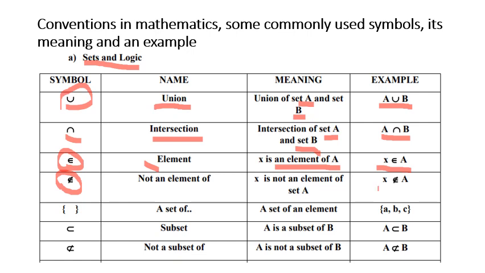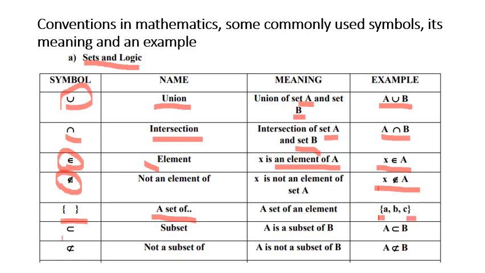So this is read as X is not an element of set A. These two braces mean a set of. So you can say a set of A, B, C. The elements of the set are inside the braces.